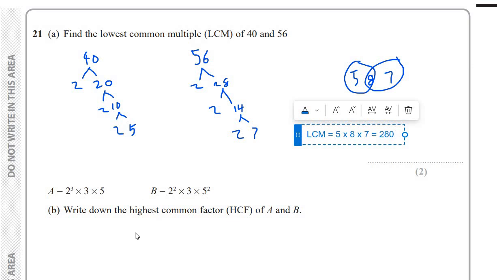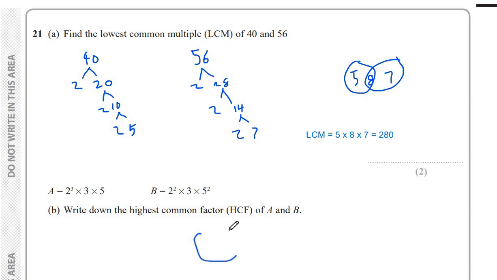Now here, the highest common factor of A and B, so that is going to be, if we try and draw the Venn diagram, so the common numbers go in the middle here. So we have 2 squared, that is common.